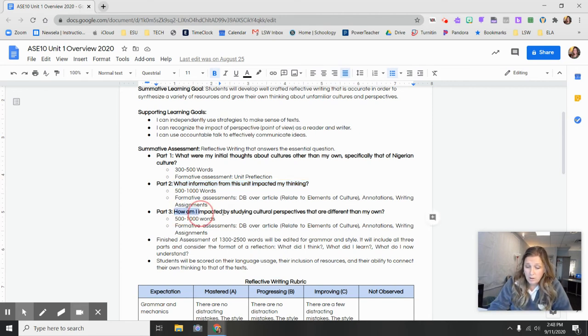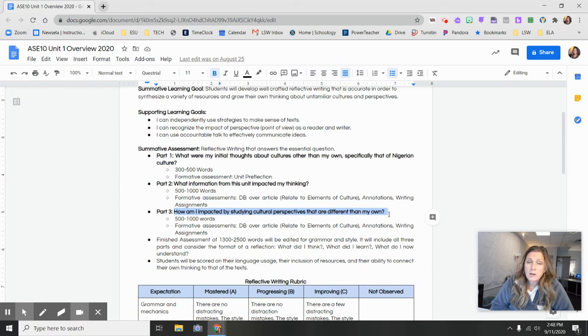And then the third part is really answering that essential question. After looking at what we've done, and after thinking about where you were at the beginning, you're going to reflect on how your thinking has changed. You're going to describe not only what your thinking is, but why, what you think helped modify that.